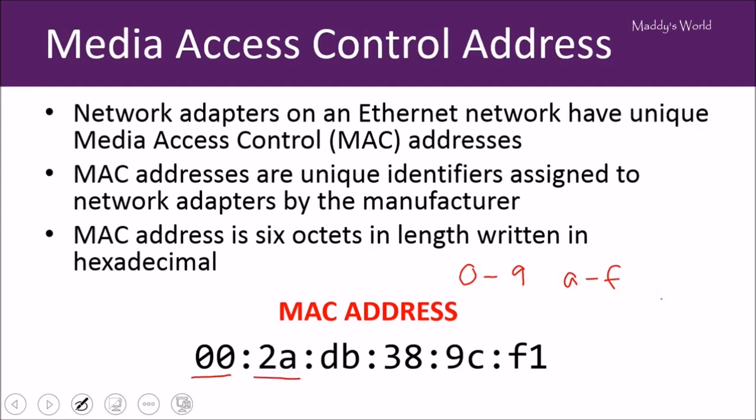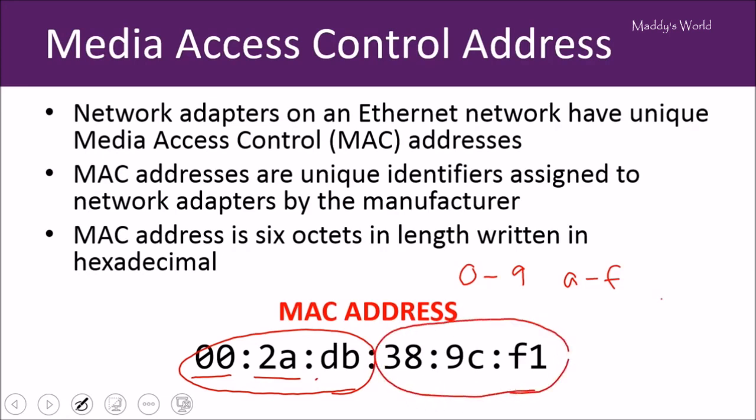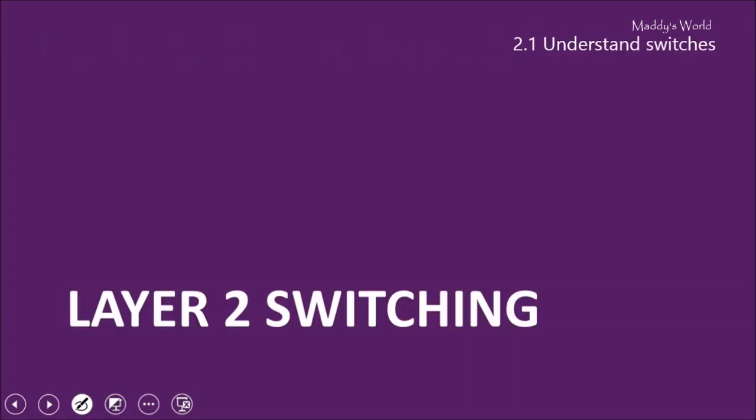Each pair of hexadecimal characters represents a byte, right? So that's 8 bits. But this first portion of a MAC address typically references the manufacturer, right? And the second portion is going to be unique to the device. So, cool bit of information. And remember that sometimes we'll call MAC addresses physical addresses as well.